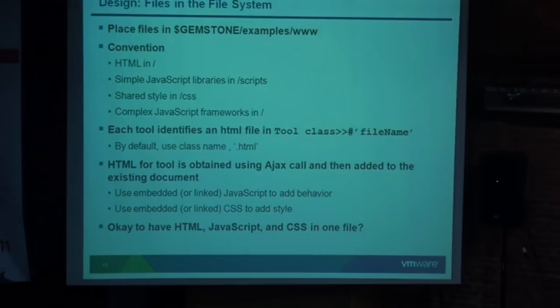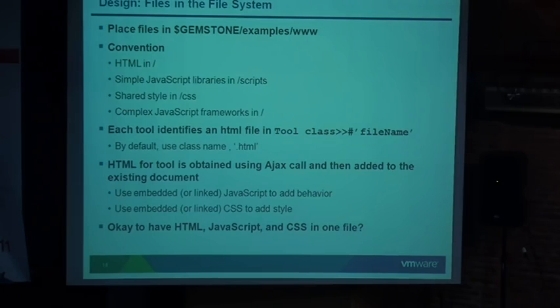So we serve files from the file system. By convention, we put the HTML files in the root. We put JavaScript in the scripts directory, style in the CSS directory, and more complex frameworks can have their own directory because there may be lots of files in them.